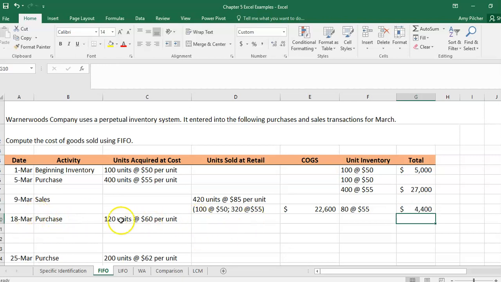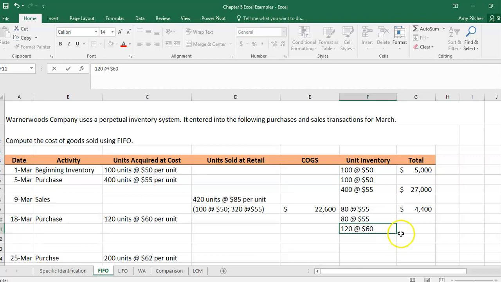On March 18th, we purchased 120 units at $60 per unit. Now we have 80 units at $55 per unit and 120 at $60 per unit for total inventory of 80 times 55 plus 120 times 60.